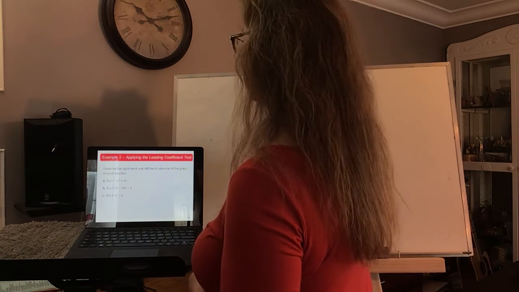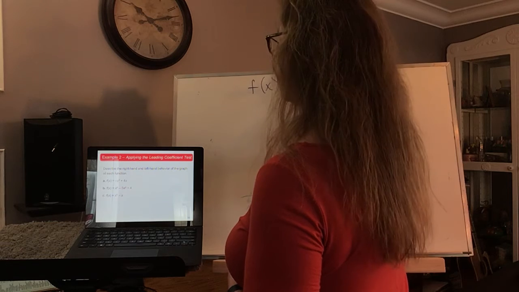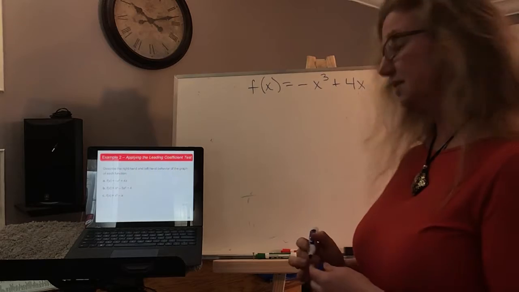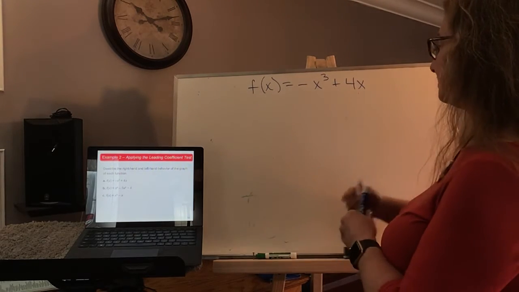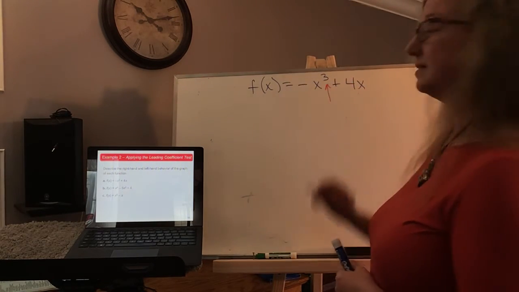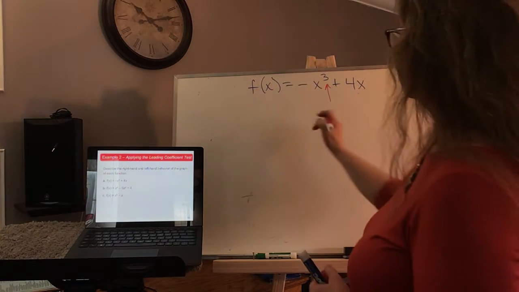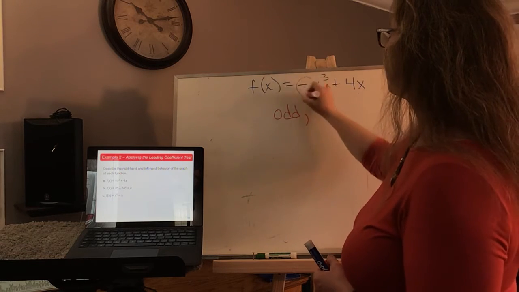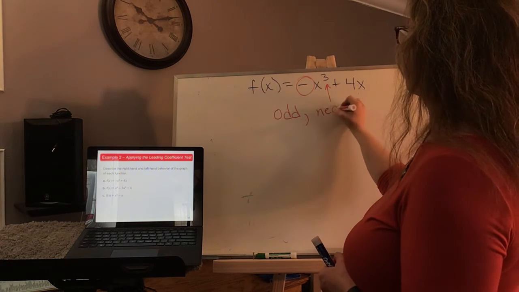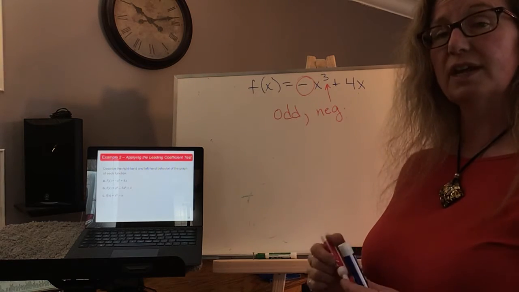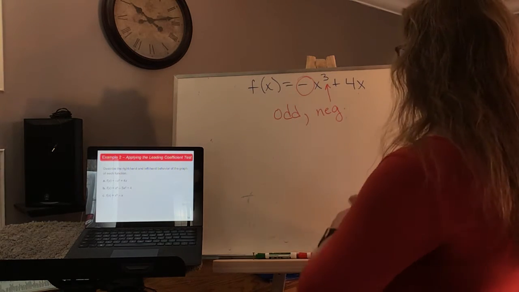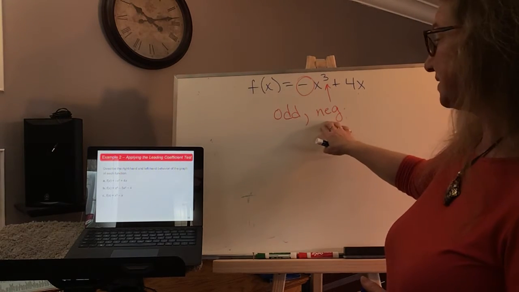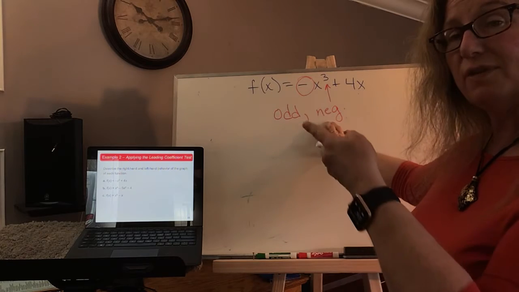So if f of x is equal to negative x cubed plus 4x, we're asking ourselves, is this highest term even or odd? Well, it's odd. And the leading coefficient is negative. So I know the two ends are going to head off in opposite directions, and because the leading coefficient is negative, we flip.